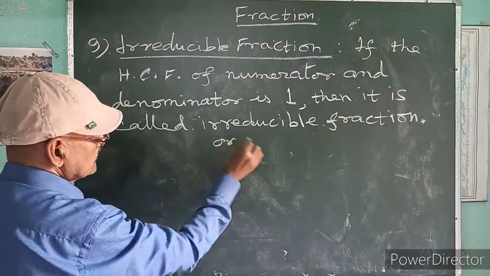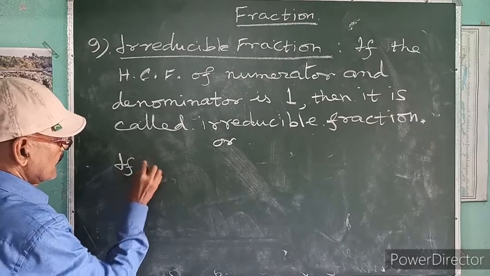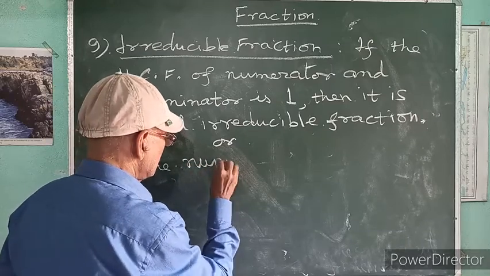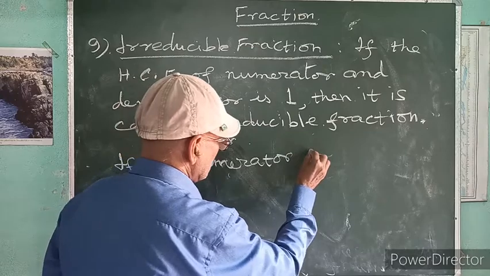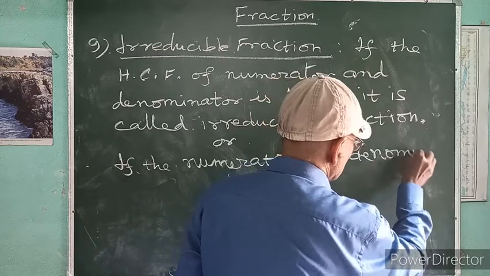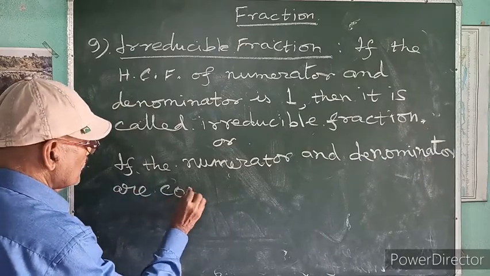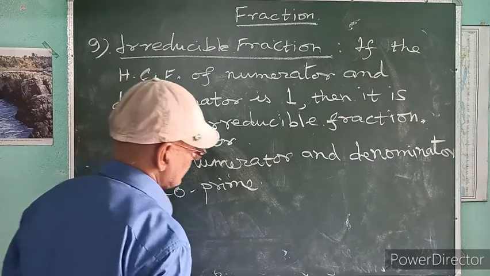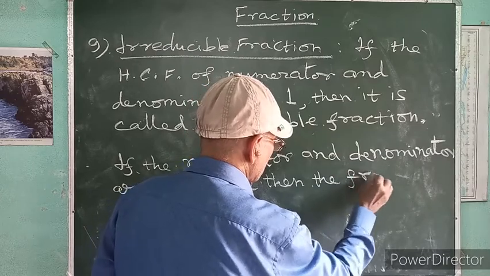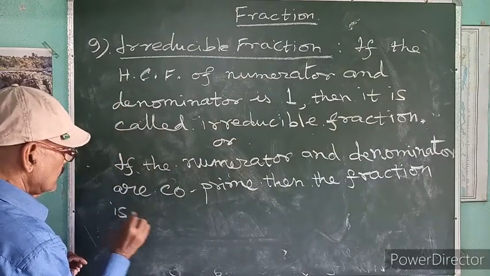Or I can say if the numerator and denominator are co-prime numbers, then the fraction is irreducible.